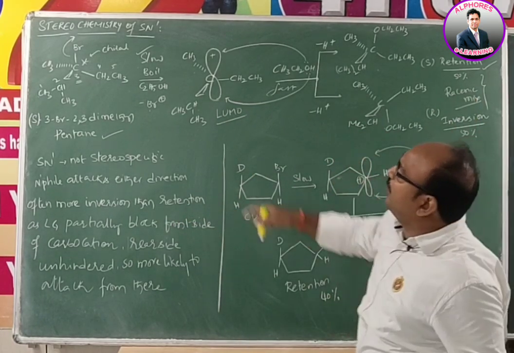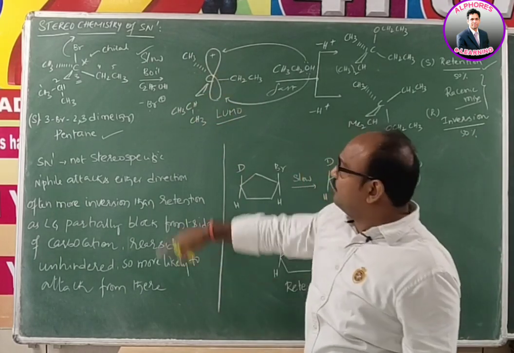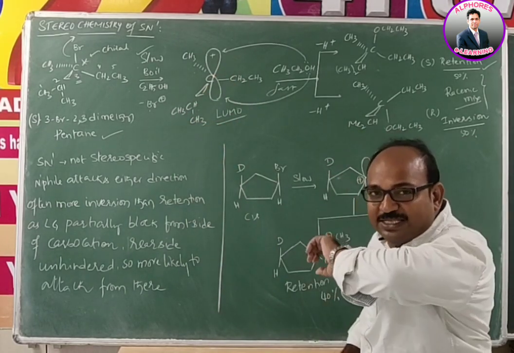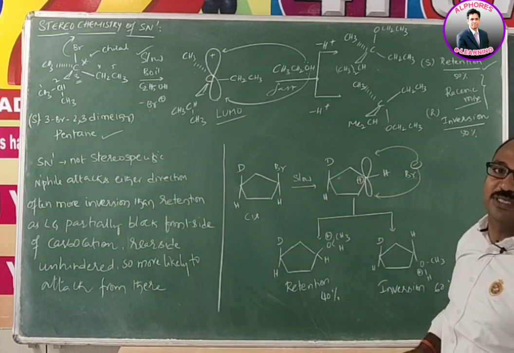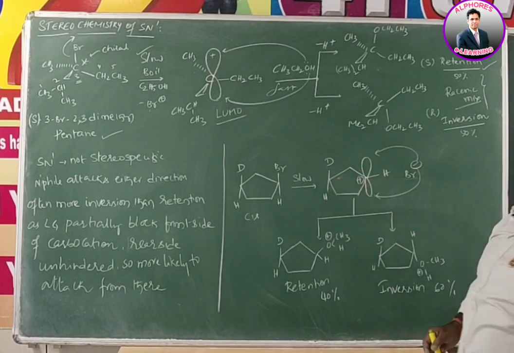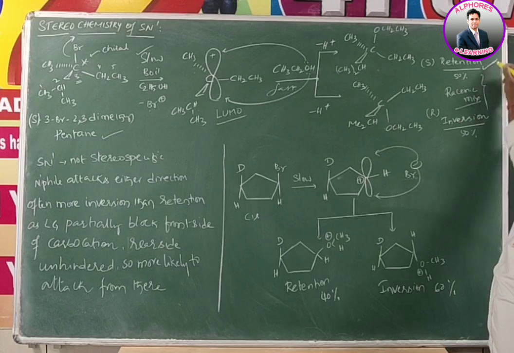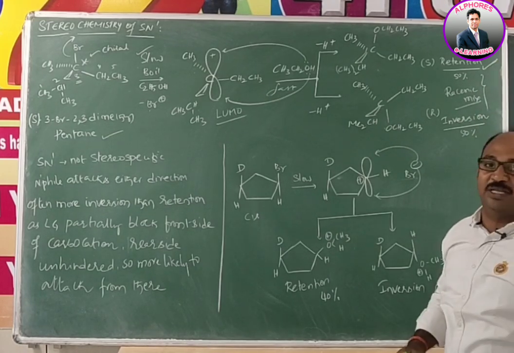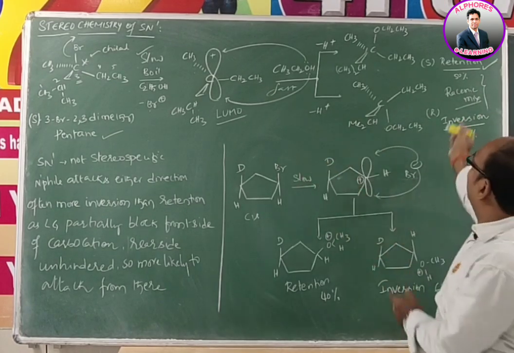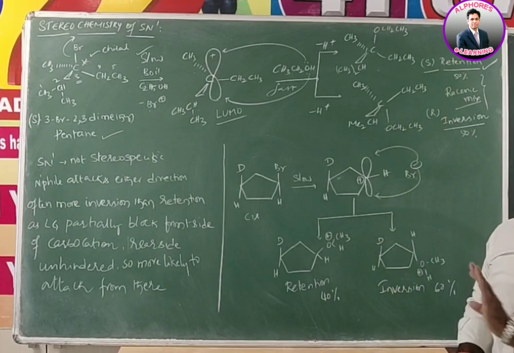If the nucleophile approaches in the same way in which the leaving group departed, then that configuration is called retention of configuration, meaning earlier it was S, and right now it again has S configuration. There is no difference.